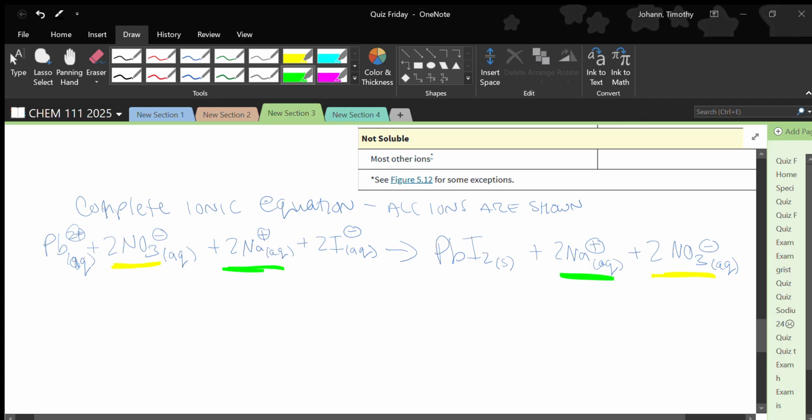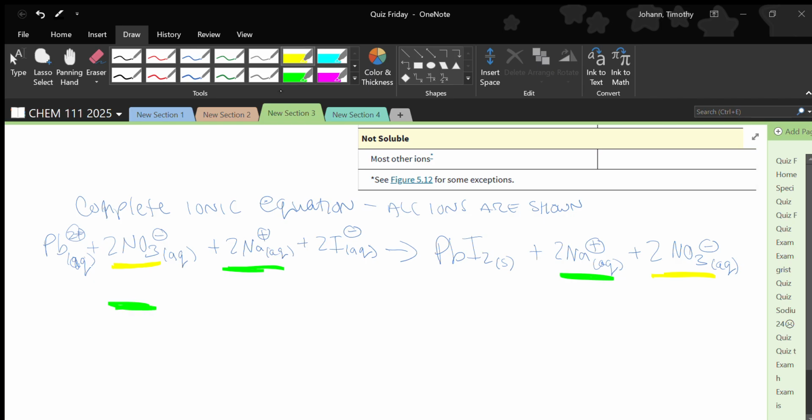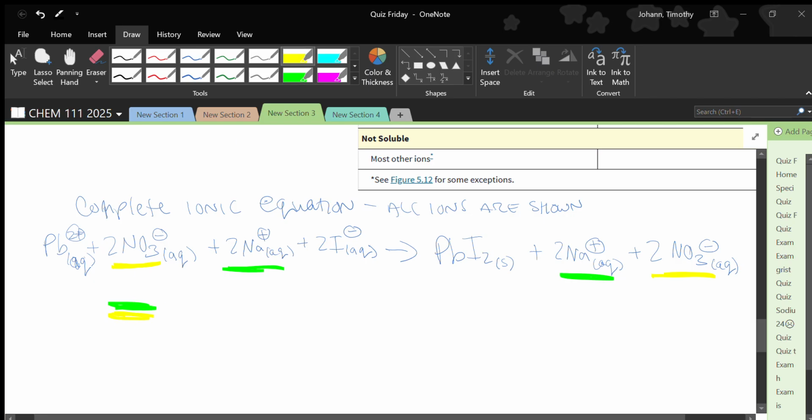So nothing changed for those. If I make a little key here where I put these 2 underlines, what we call these are spectator ions. They're just watching, they're not doing anything.